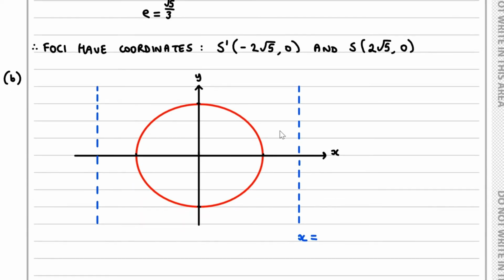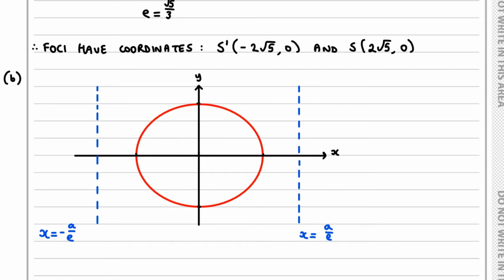Well, what we'll do actually instead is we'll leave this as a over e, and you'll see why I'm doing that. It just makes the maths tidier. And we've also got the negative, x equals negative a over e.